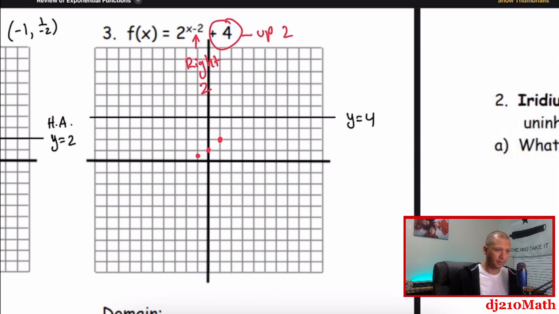So again, right 2, up 2. Or right 2, up 4. All right, there's the first one.